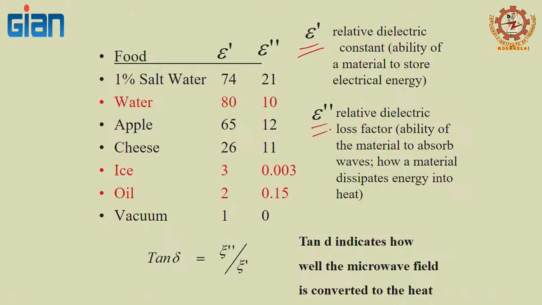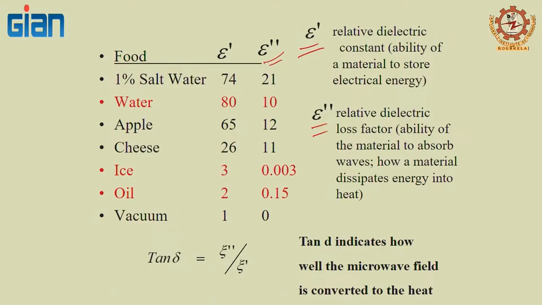Second, you have the relative dielectric loss factor, the ability of the material to absorb the wave, which is then dissipated into heat. Once it is absorbed, that is converted into heat. That is the factor, and you have the values given here for different types of products, ranging from epsilon single prime 74 to 1, and epsilon double prime 21 to 0.